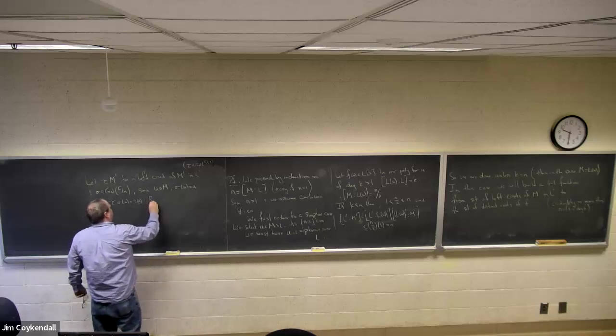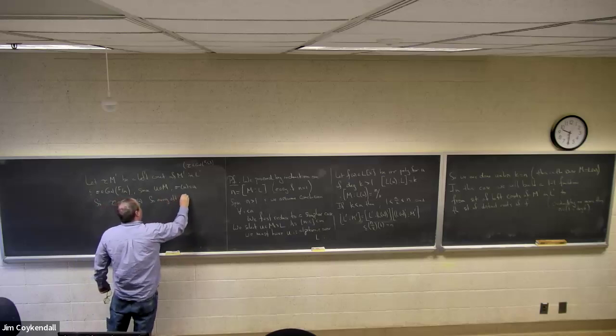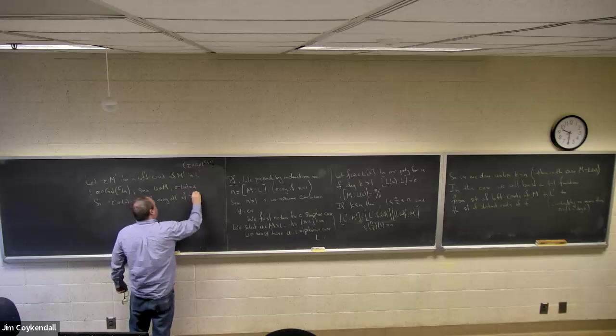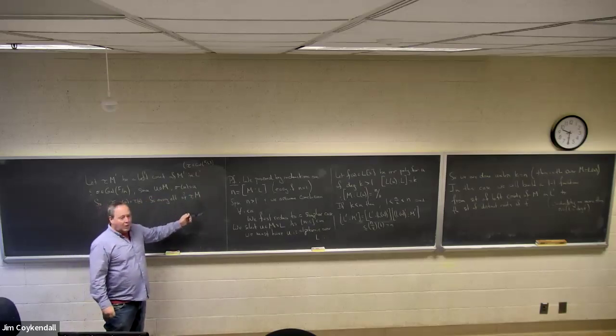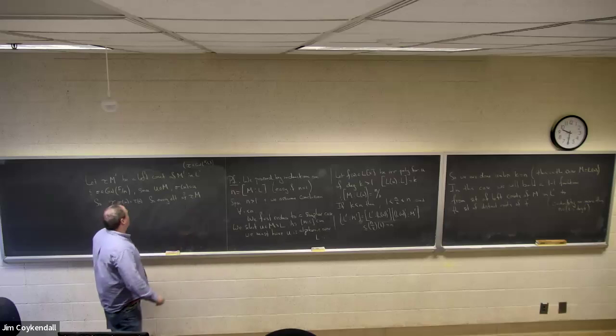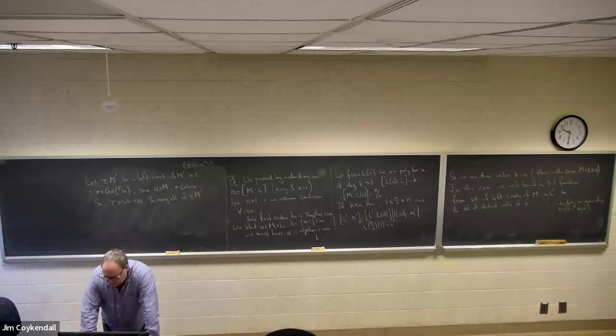So every element of the coset tau M prime, of course, this coset consists of all these that are tau times something in M prime, has the same effect on u.